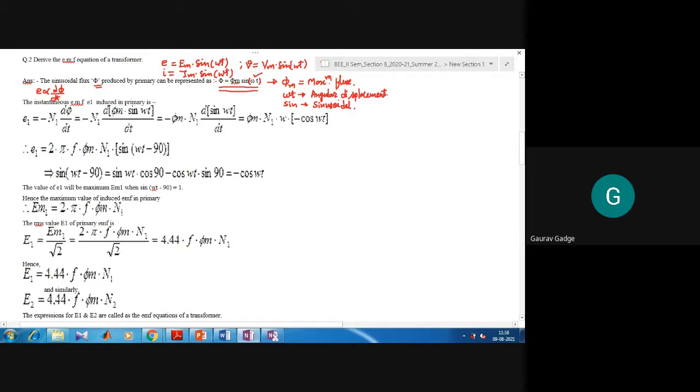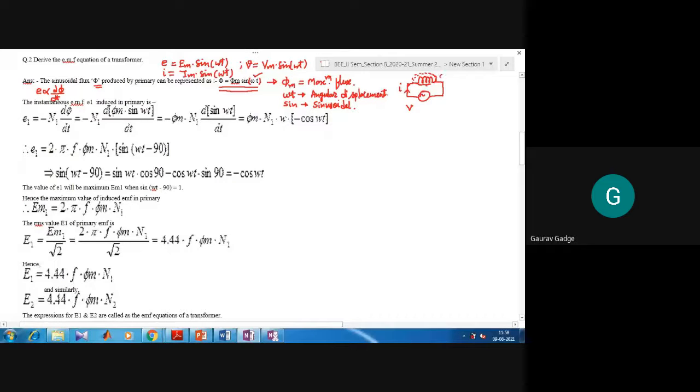E is directly proportional to d phi by dt, right? But this flux is in opposition to EMF, or EMF is in opposition to the flux. That we have already studied in the single phase transformer. If you remember, we considered one inductor coil where we gave a sinusoidal supply voltage. This sinusoidal voltage allows current to pass, and when current passes through this coil, it develops its own magnetic field.